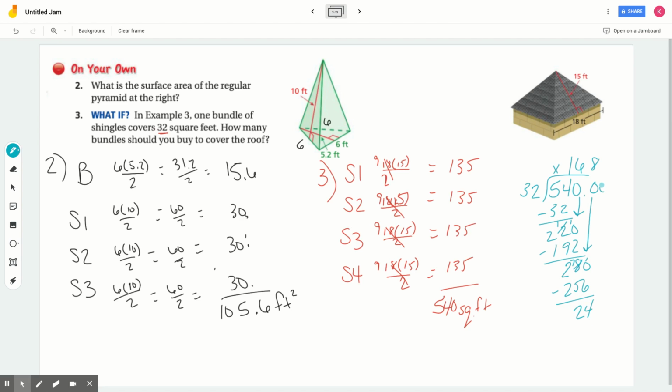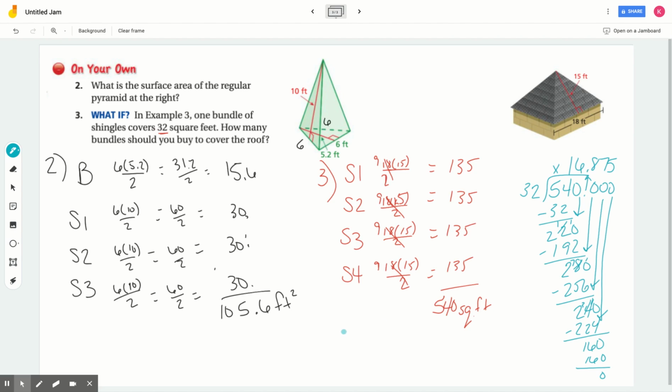We're left with 24. 32 goes into 240 7 times. 32 times 7 is 224. We have 16 left over. And 32 can go into 160 5 times, which will now come out evenly. Remember to bring your decimal point up when you are finished.